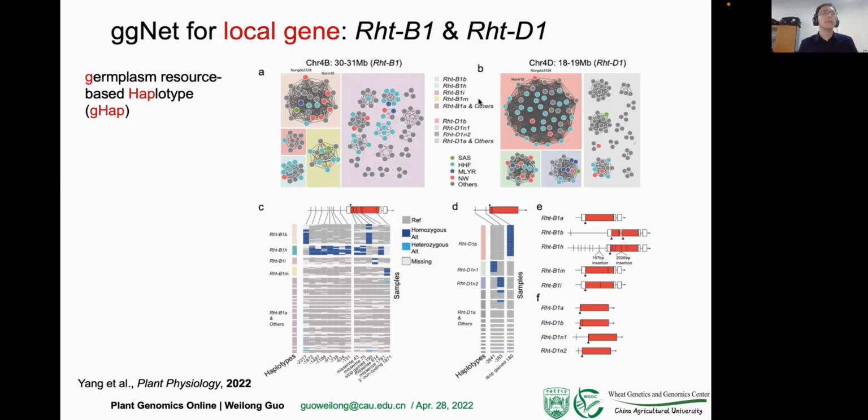We could see the largest G-hub is actually the semi-dwarf alleles RHT-B1b and RHT-D1b. Excitingly, this inferred G-hub perfectly fit with previously identified alleles for the two genes. And we also found two previously unreported alleles, which are under selection for RHT-D1.